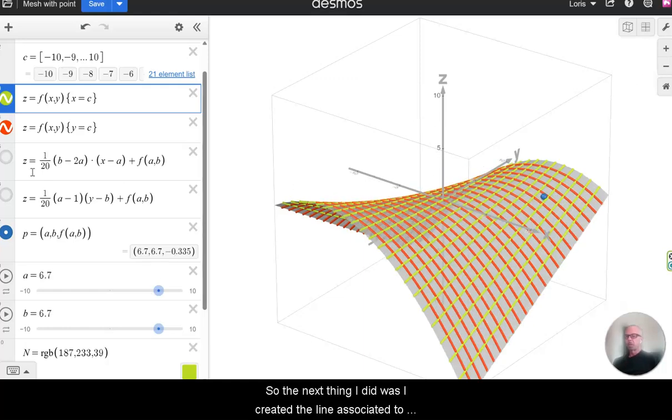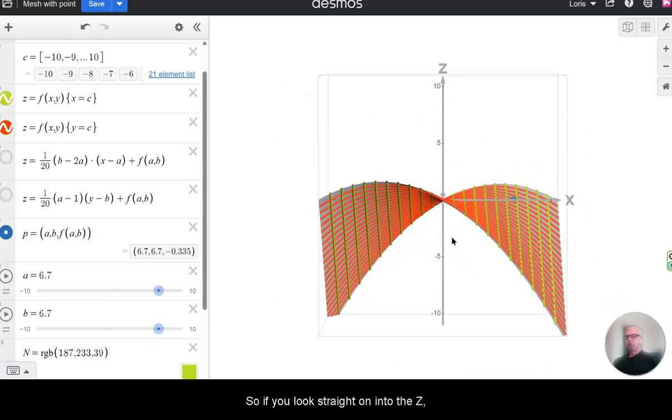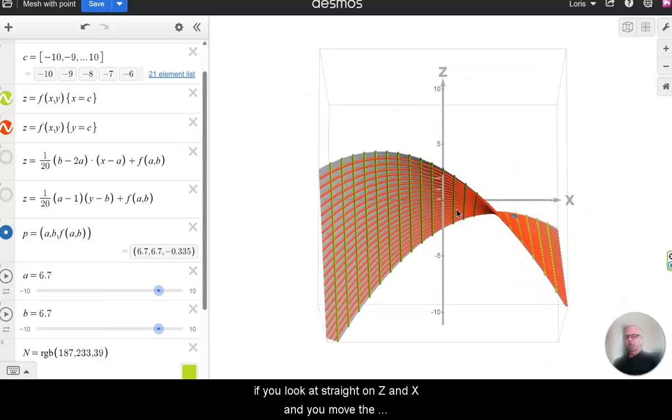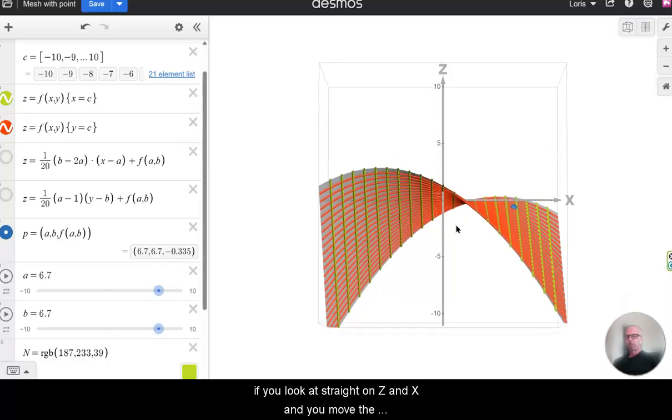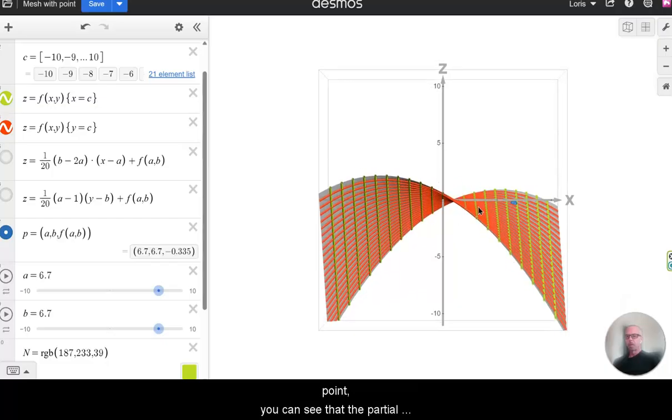So the next thing I did was I created the line associated to the partial derivative. If you look straight on at z and x and you move the point, you can see that the partial derivative is going to be negative as we start from 0, 0 and go strictly in x, it's going down, so the partial derivative is going to be negative there.